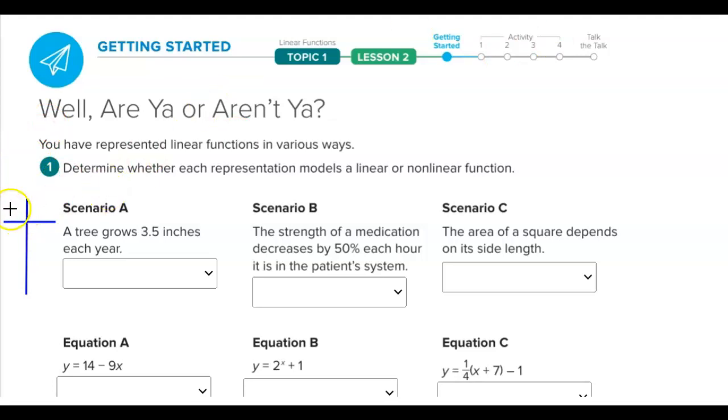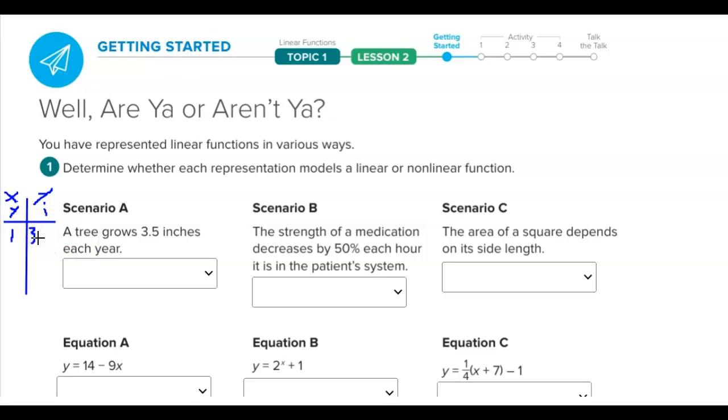These are the years, and this is the inches that the tree grew. So this is kind of like the x, the input value, and the output value. So each year, the tree grows 3.5 inches more. So after year 1, the tree grew 3.5 inches.